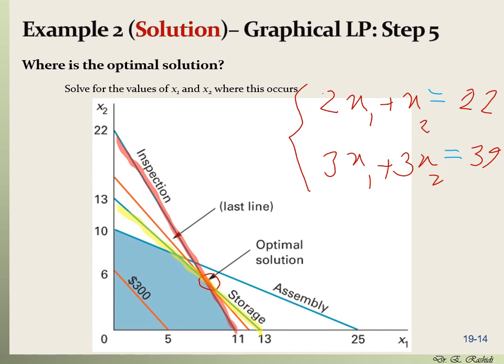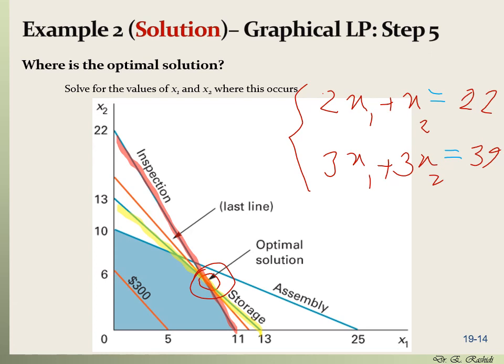Now, at this point where the two lines intersect, the values for x1 and x2 are actually equal in both equations. You should remember from algebra how to solve for x1 and x2 in this system of two equations.